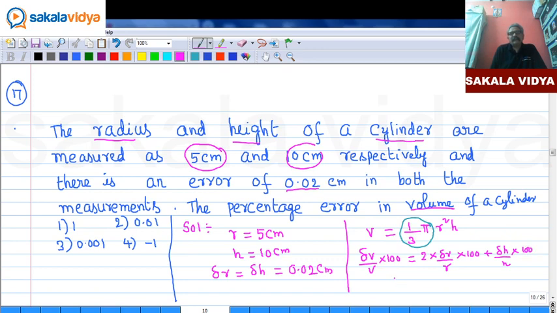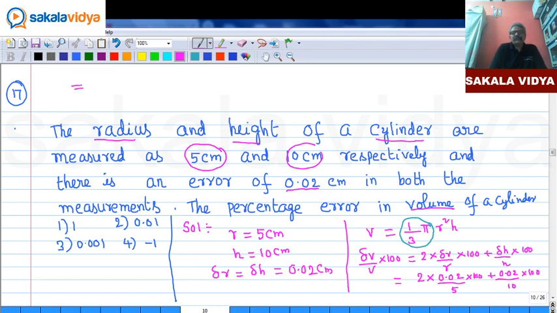So we need to substitute the values. 2 into delta r is 0.02 by r is equal to 5, into 100, plus delta h also 0.02 by h is equal to 10, into 100. So we need to simplify this one.